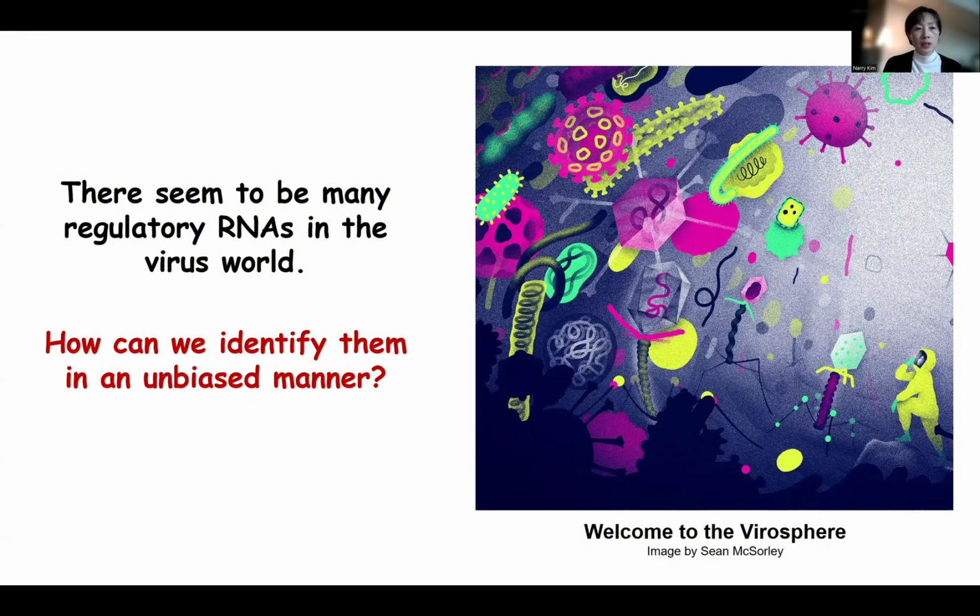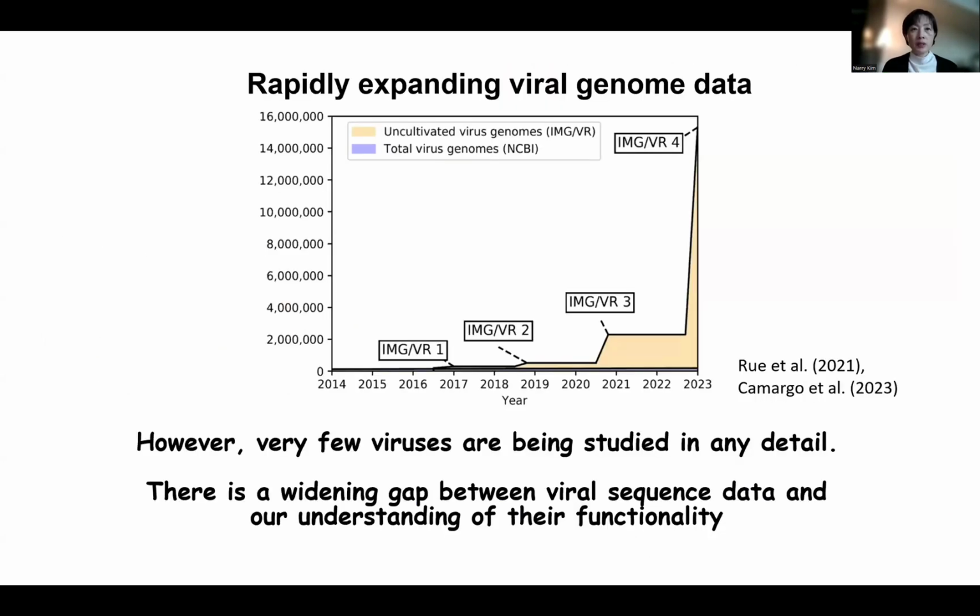So we were wondering if we can investigate viruses to identify something new. In fact, the viral genome data have been rapidly expanding in recent years thanks to metagenome studies and deep sequencing technologies. However, very few of these viruses are being studied in any detail unless they have clinical or industrial relevance. So there is this widening gap between viral sequence data and our understanding of their functionality.